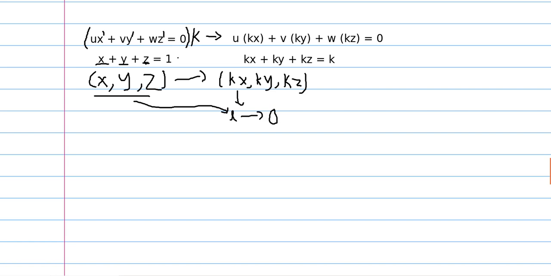Like this equation is not homogeneous because when we scale up each variable, the equation is affected. Since we scaled up each x, y, and z by k, here we don't get 1, we get k. So this isn't homogeneous, but this is, because when we scale up each thing by k, we still get it equal to 0.